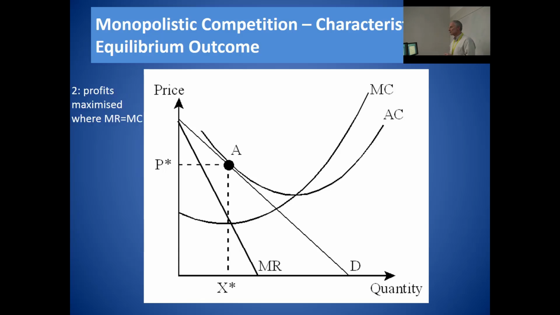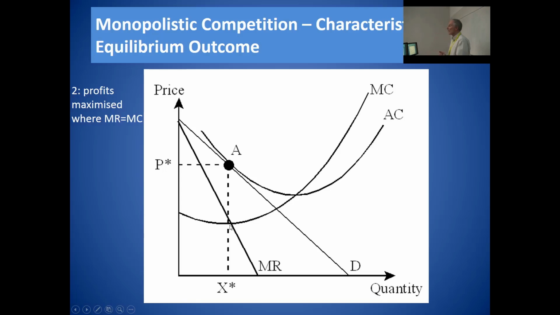The second point was that this price and quantity combination would be such that profits were maximised. And where were profits maximised? Where marginal revenue and marginal cost are equated. So in our diagram here, that's our marginal cost curve, that is our marginal revenue curve, and marginal revenue and marginal cost intersect at that point there.